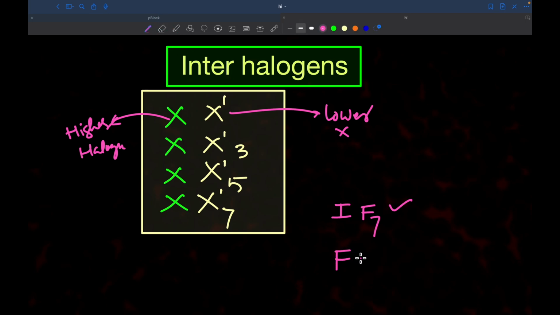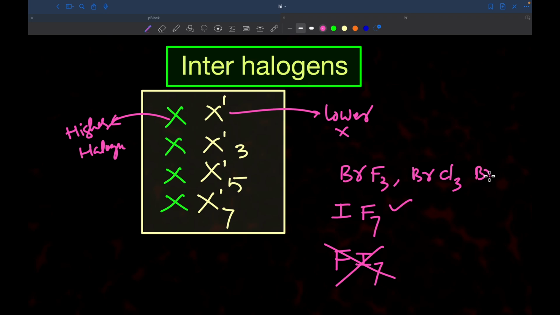F cannot take this place here. ये possible नहीं होगा, right? So if my bigger halogen is Br, the second one, written with the dash, should be a lower halogen. ये फ्लोरीन हो सकता है या क्लोरीन भी हो सकता है, right? आयोडीन नहीं होगा.